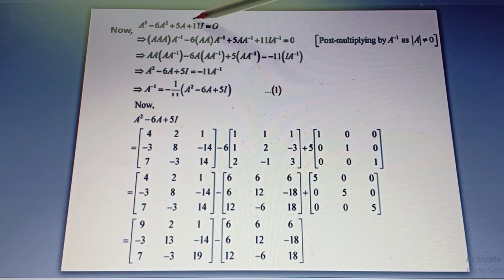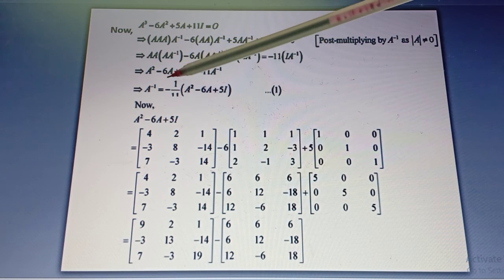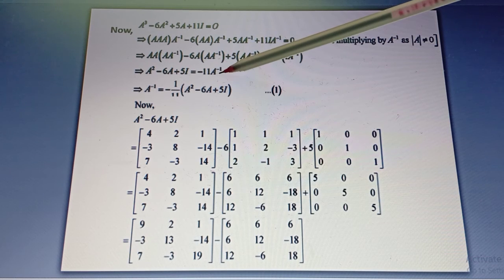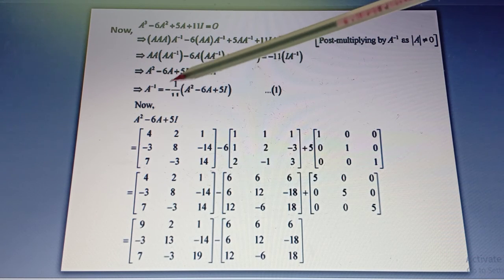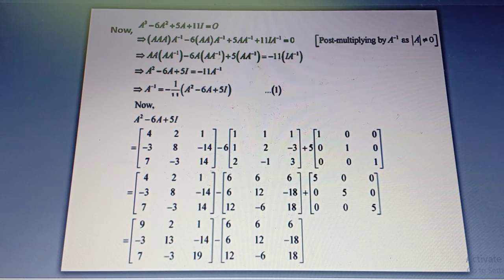If you change the side, it will be minus 11 A inverse equal to A square minus 6A plus 5I, and A inverse will be equal to minus 1 by 11 into A square minus 6A plus 5I.